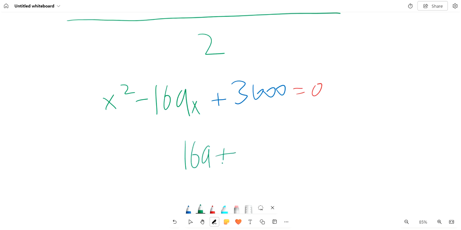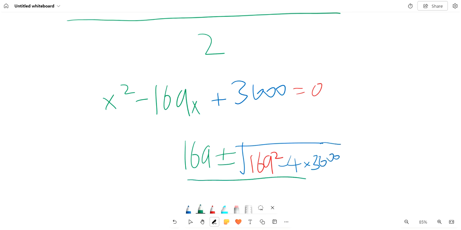And we get 169 plus or minus, from the quadratic formula, the square root of 169 squared minus 4 times 3,600, and we divide this all by 2.